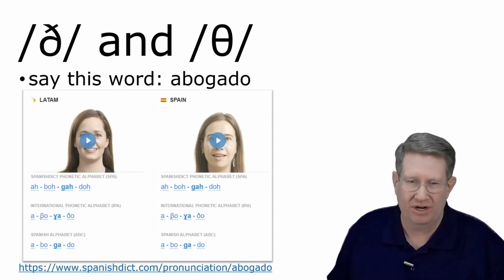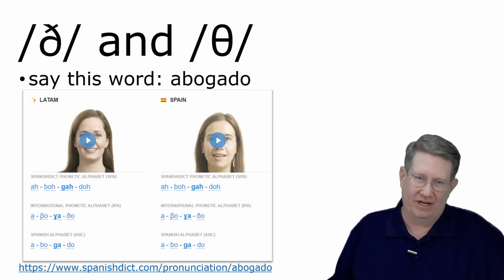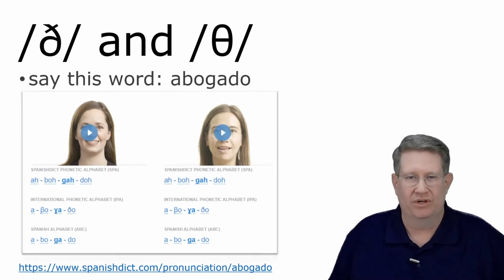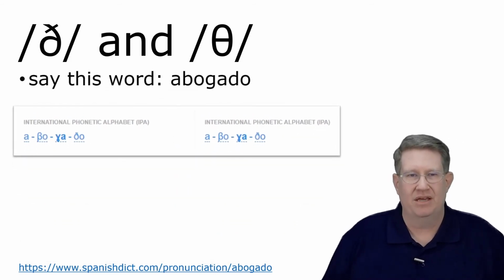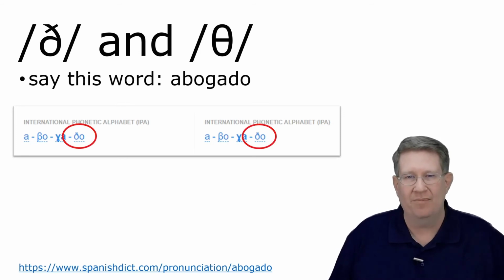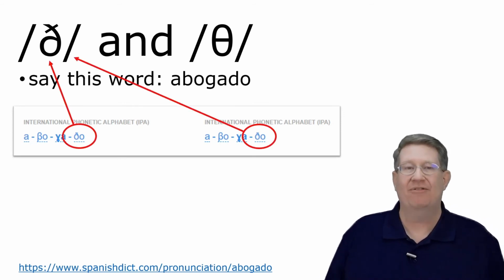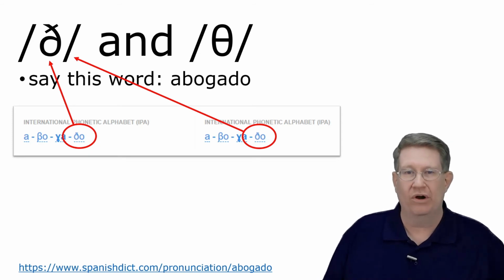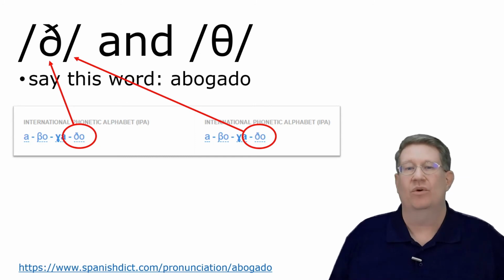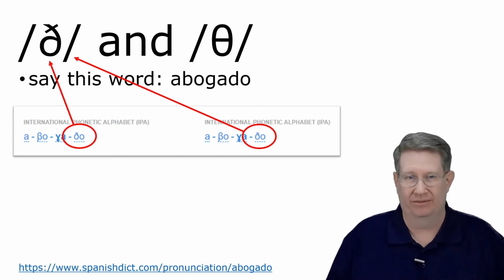I'm not going to play that recording for you, but you know that in Latin America it's said a particular way, in Spain it's said a particular way, but in both of those, look at the phonetic spelling here. Both of them have that sound there. So you already have this sound in a word that you already say. So you already can make the th sound.